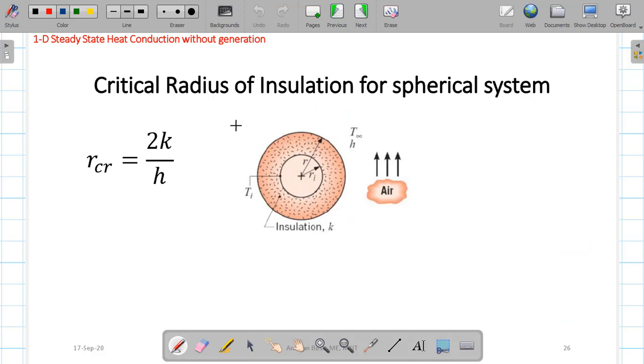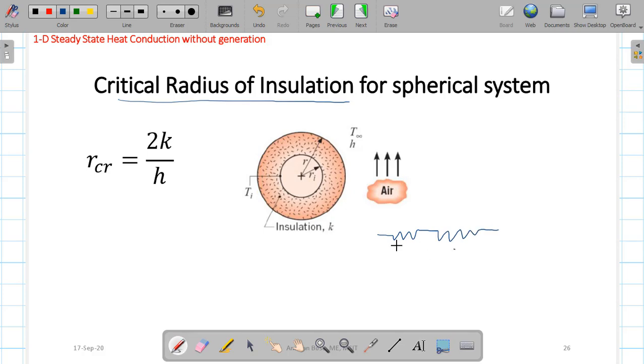Now, in a similar manner, we can find the critical radius of insulation. If you draw the similar circuit, the initial resistance corresponds to conduction, and then the convection.